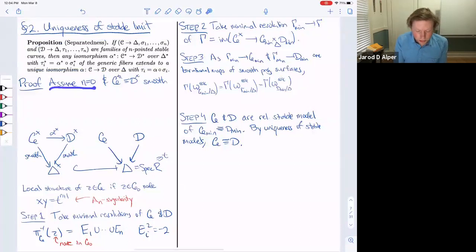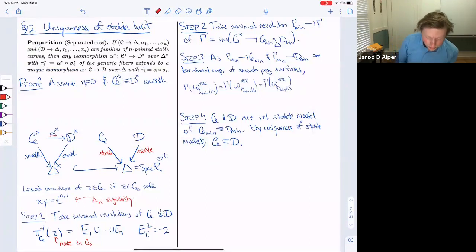We're going to assume that there are no marked points, and that the generic fiber is smooth. So we're given stable families C and D over a DVR that restrict to isomorphic curves over the generic fiber. We have an isomorphism alpha star of the generic fibers, and our goal is to extend that isomorphism.